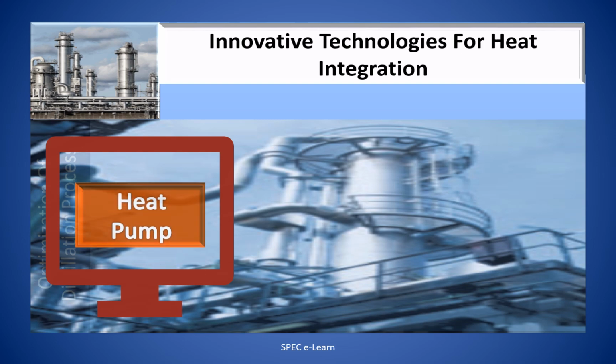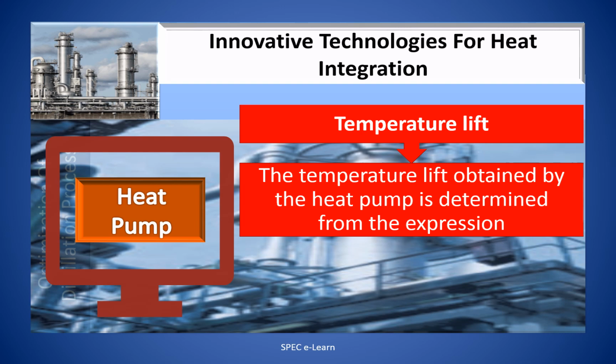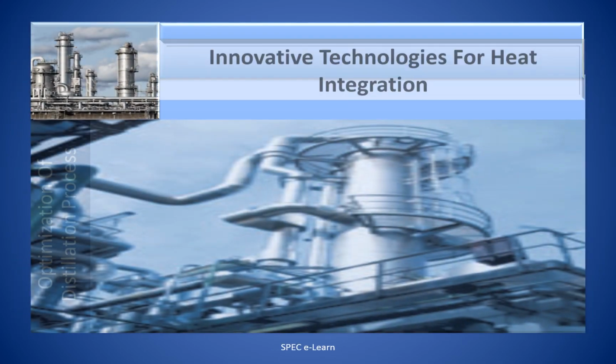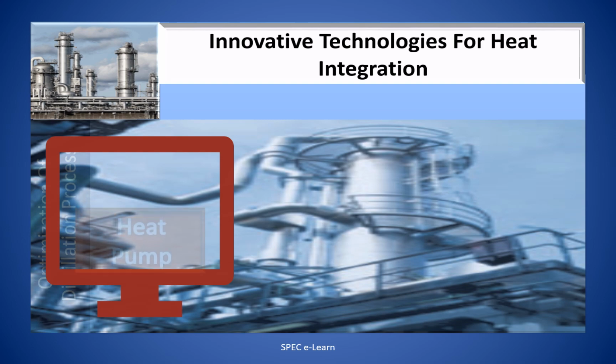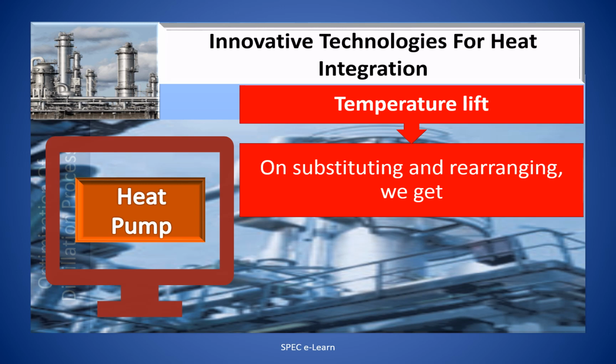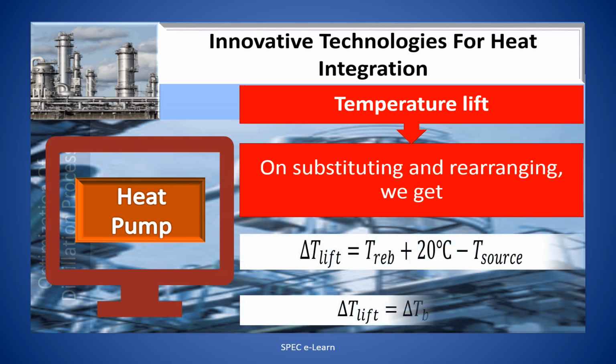Once we know the Tc, we can determine the delta T lift using the expression given here. In this expression, T source is the temperature of the distillation column overhead vapor. On substituting and rearranging, we get delta T lift equal to delta Tb plus 20 degrees centigrade.